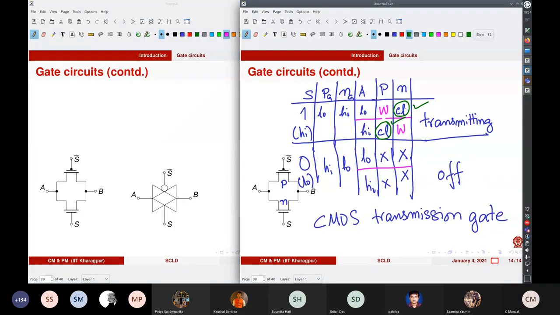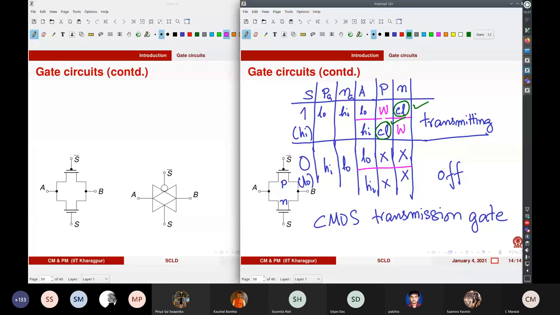to these transistors. Is it okay? Hello. So your voice was breaking. So can you please repeat? Yeah. So these circled cases. This is when the transistor is closed. So here the N-type transistor is closed, and in this case the P-type transistor is closed.